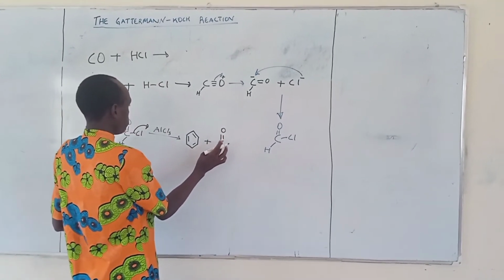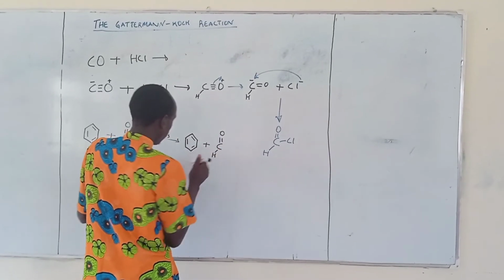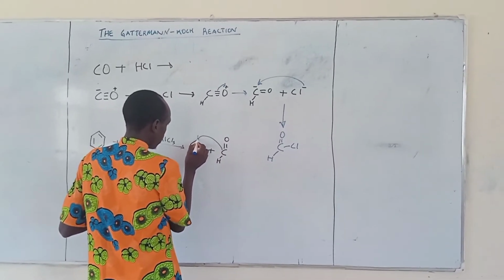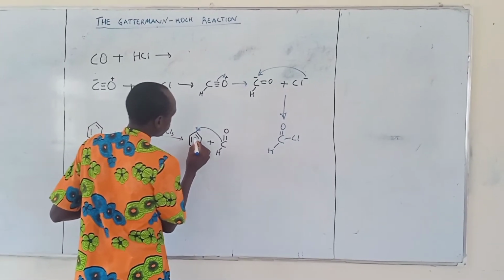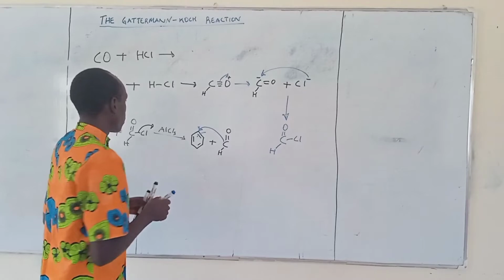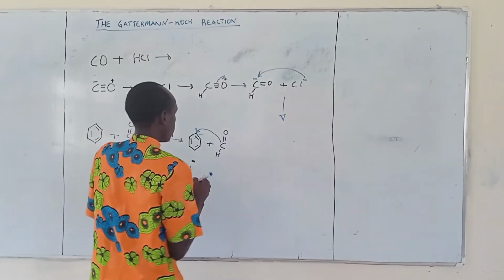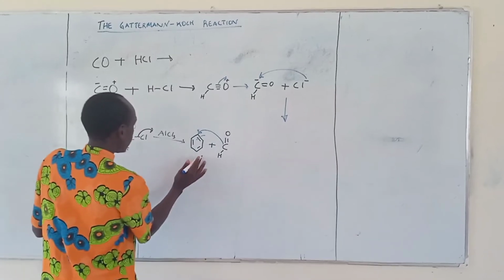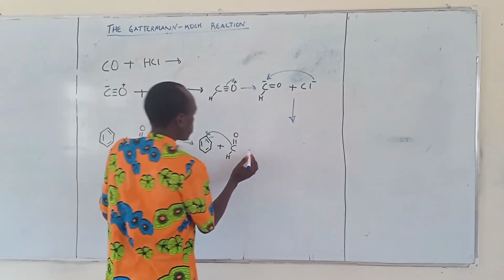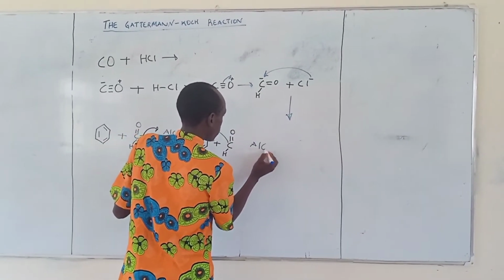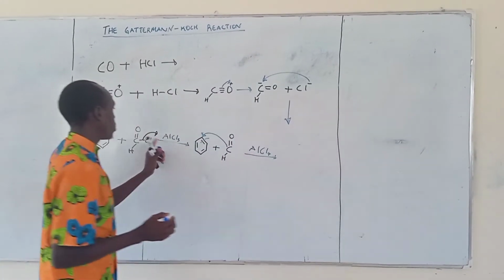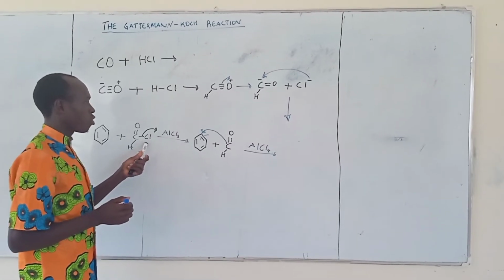So carbon is having 3 bonds, so it will now get itself attached to this benzene, making this double bond of benzene collapse. This chloride was picked by the Lewis acid, making the Lewis acid to be in this state. This is now our Lewis acid after picking on this chlorine.